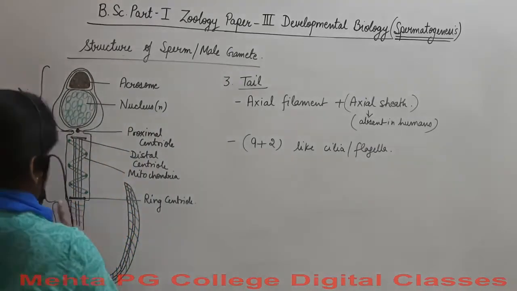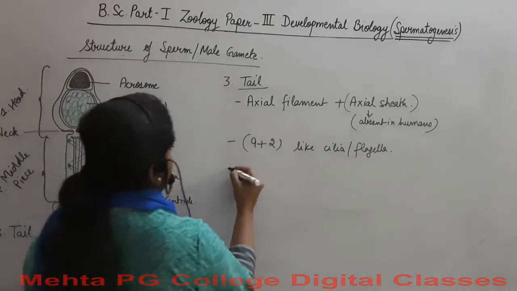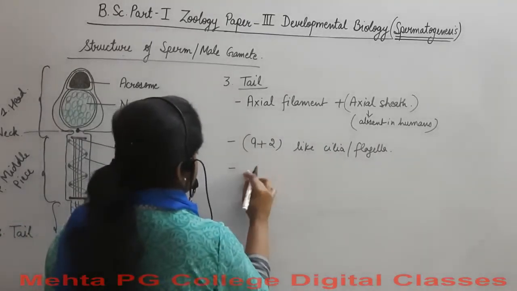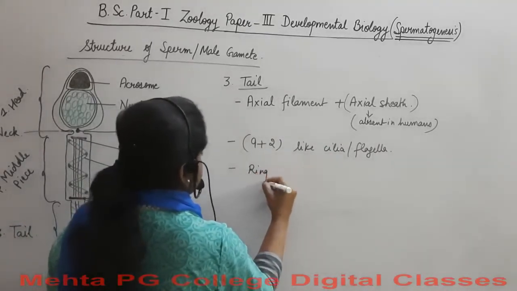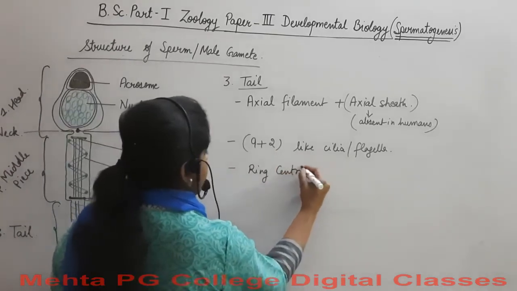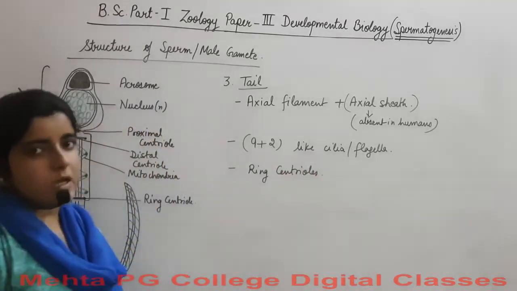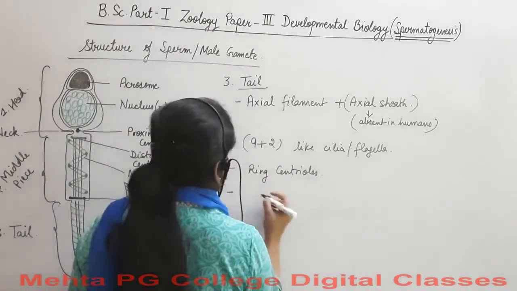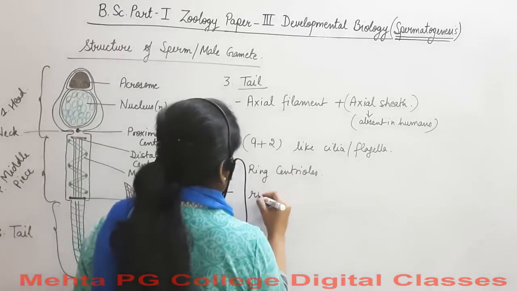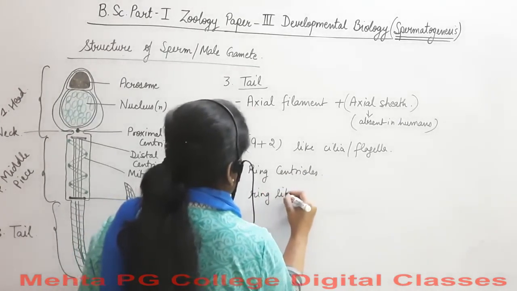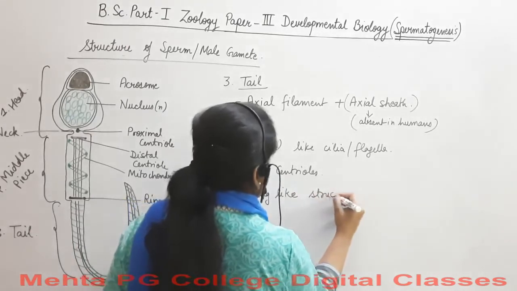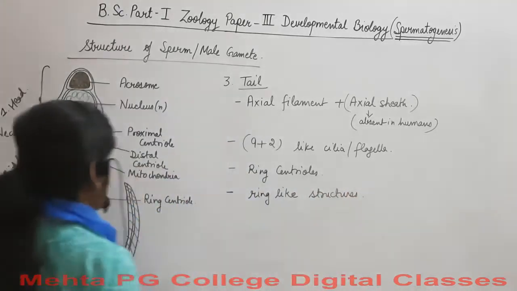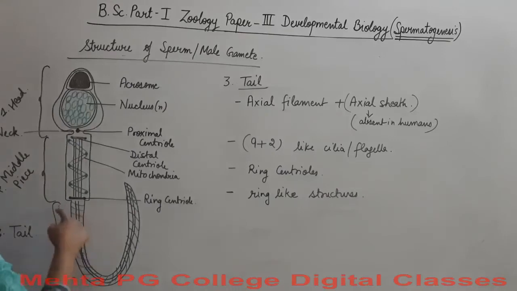Then we say ring centrioles are present which mark the start of the tail region, and ring-like structures are present on the whole tail region.